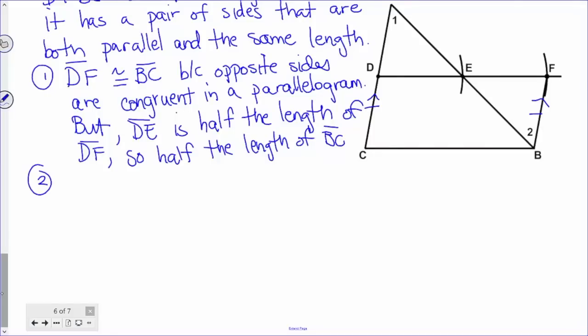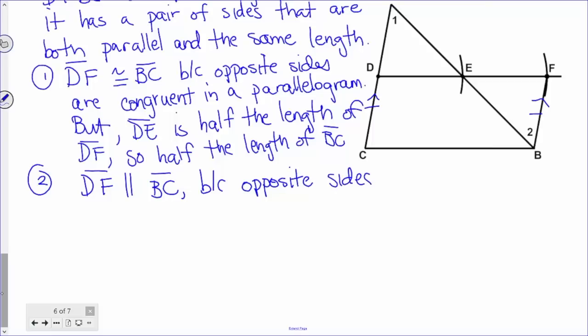Two, we know that DF is parallel to BC because opposite sides of a parallelogram are parallel.